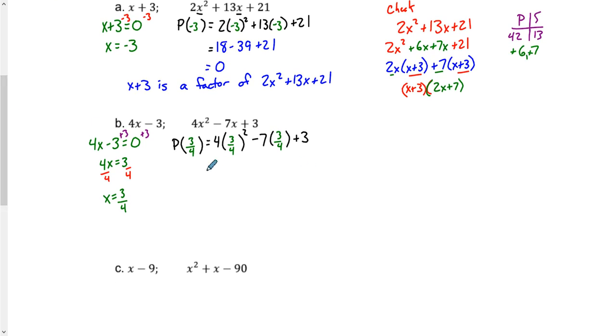So let's go over this. 3/4 squared means 3 squared and 4 squared. Multiplying this one means it's 7/1. 7/1 times 3/4 means 21/4.